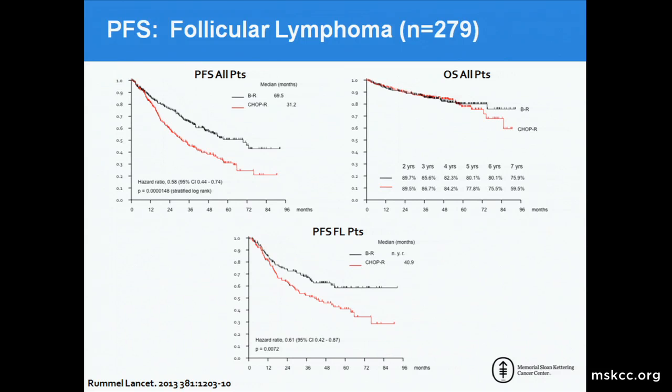However, I can argue that this is the worst R-CHOP outcome in the history of mankind for first-line follicular lymphoma, and interestingly, no impact on overall survival, even with a bad outcome with R-CHOP. If we look only at the follicular lymphoma patients, the improvement in bendamustine rituximab seems to hold up.